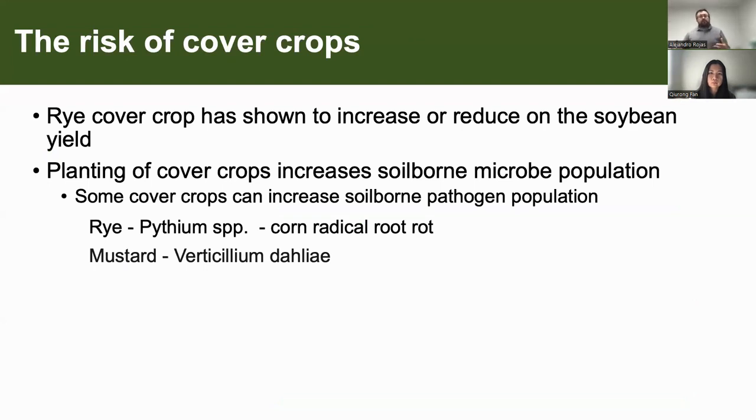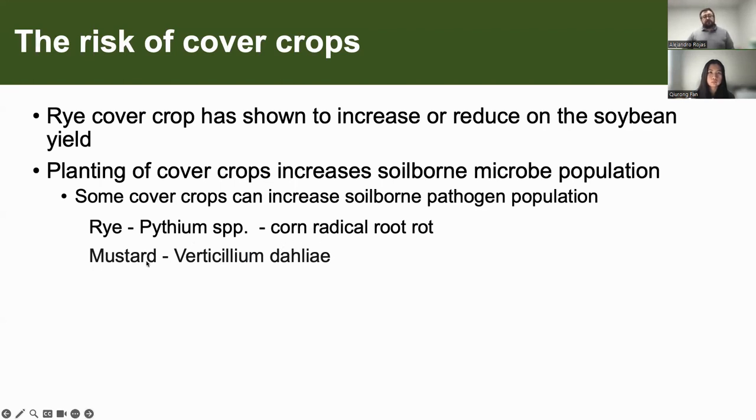But there are different examples that show that some of these cover crops can actually have the opposite effect than is expected. So we have some examples with cereal rye where pythium can actually be increased and cause some damage on corn.